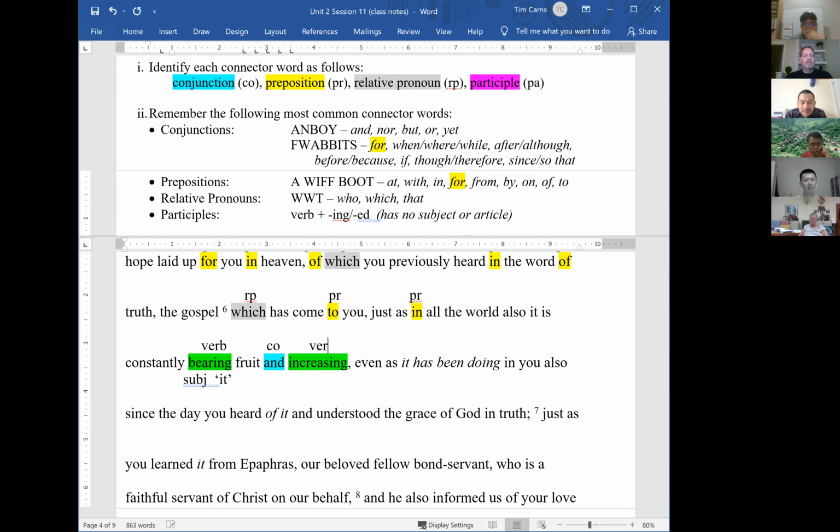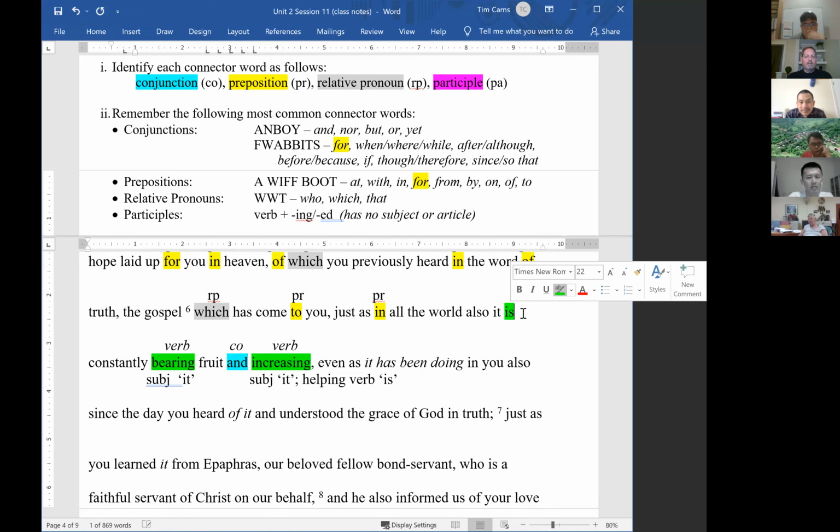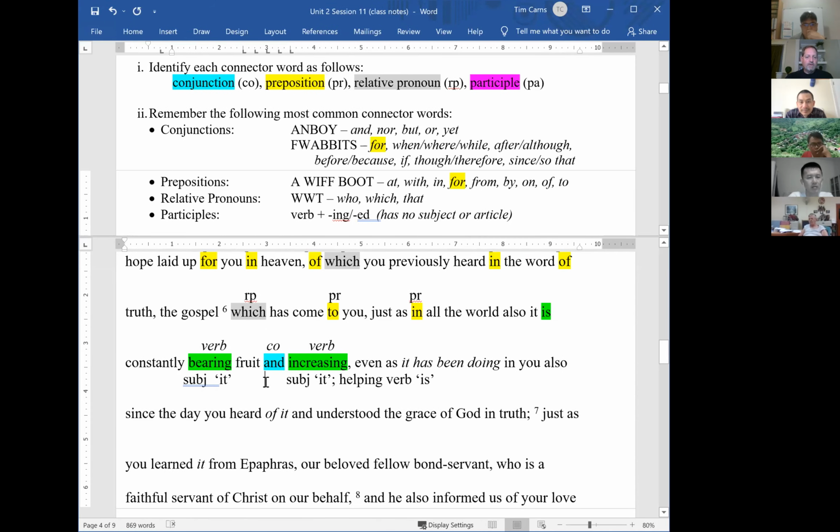It's functioning like a verb, but I'm going to highlight it so we can draw our attention to it. Notice it has the subject, it, and also that helping verb is. I'm going to highlight that too. Good, keep going, you're doing great.